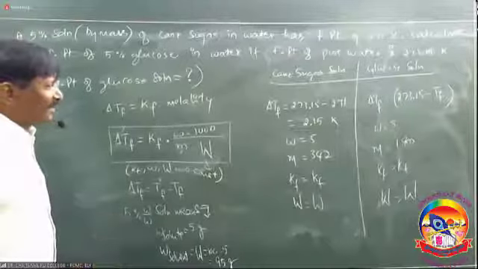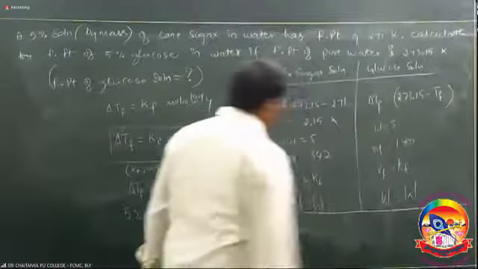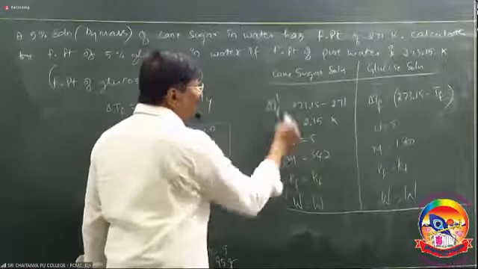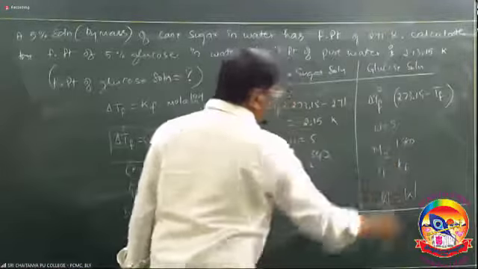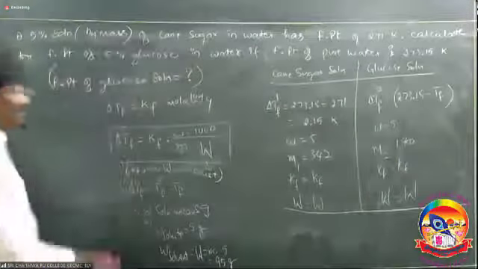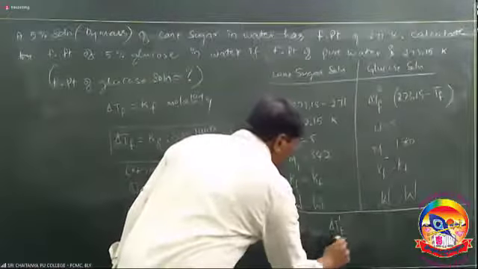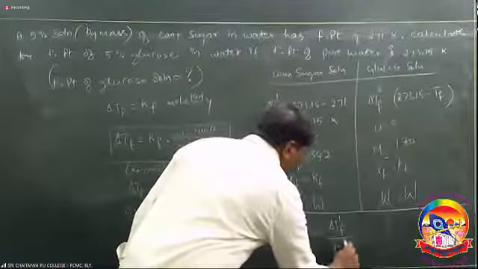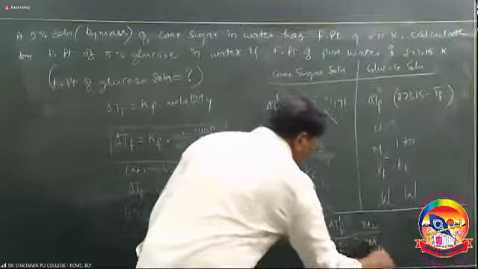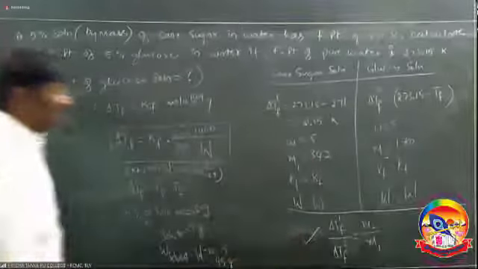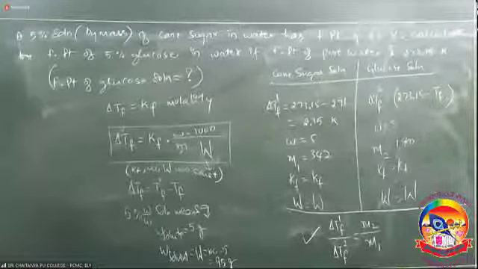Simply the formula will be delta T1F M1 equals delta T2F M2. Therefore delta T1F by delta T2F is equal to M2 by M1.